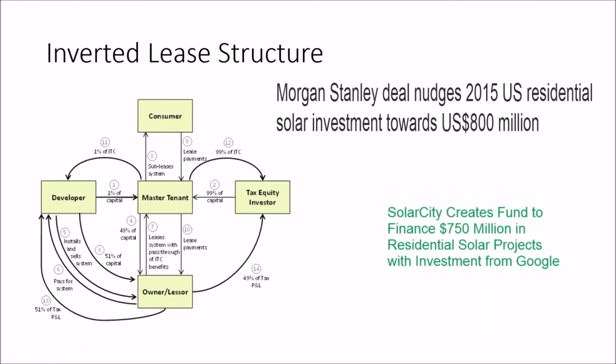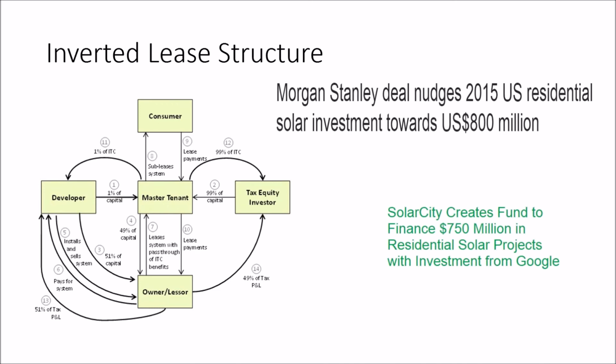When you get into utility scale development, it seems the preferred structure is either a partnership flip or something a little bit more complicated called an inverted lease structure, which is beyond my ability to really tell you why this works. But basically, at the utility scale, you have a company like Berkshire Hathaway that pays billions of dollars in taxes, and so has all the tax liability it could ever need.